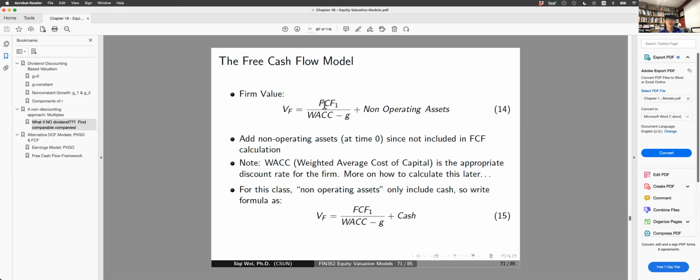So where does the weighted average cost of capital come from? Well, that's going to be a function of cost of equity and cost of debt. Cost of debt is the yield to maturity, which is the implied rate of return of the bond. And cost of equity is what we discussed at the beginning of the video.